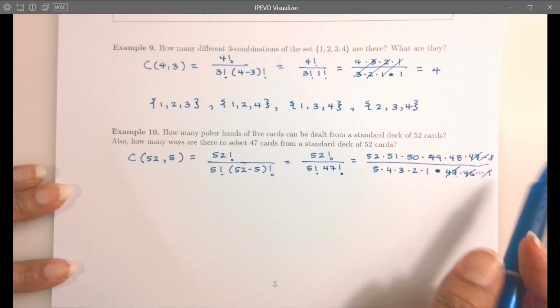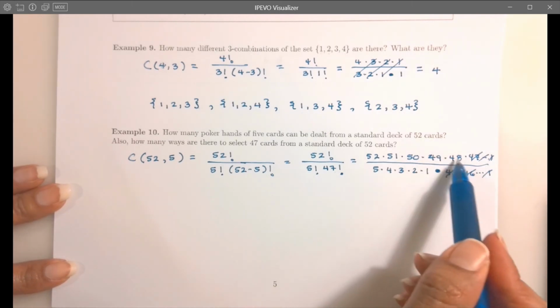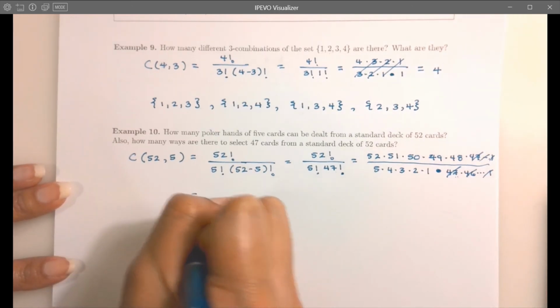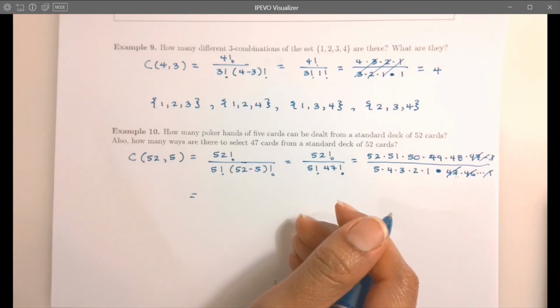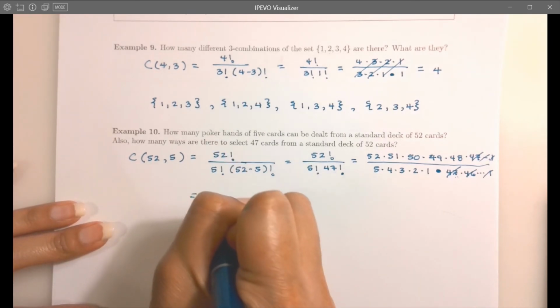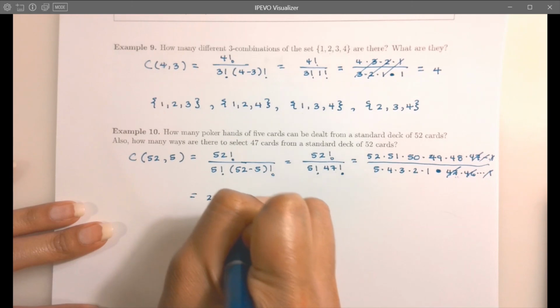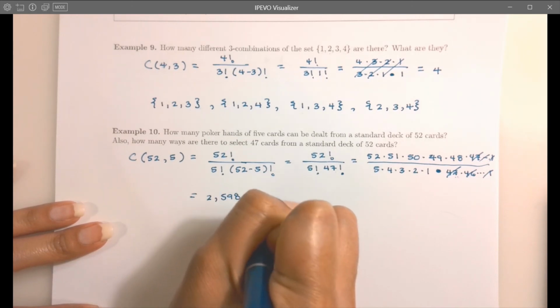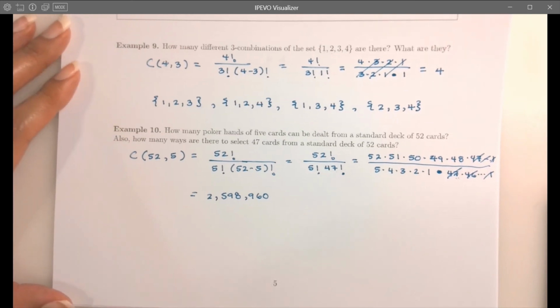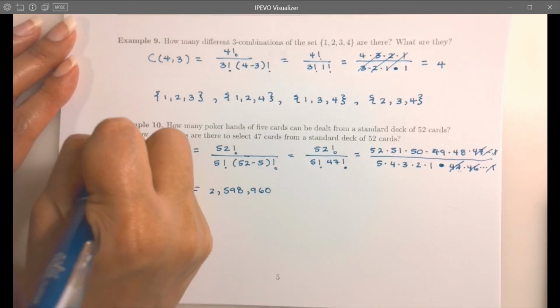And the only thing that'll survive is this 52 through 48 divided by the 5 factorial. So if you do a little bit of math on that, we're going to get 2,598,960 different ways of dealing 5 cards. Okay, so that's the first part.